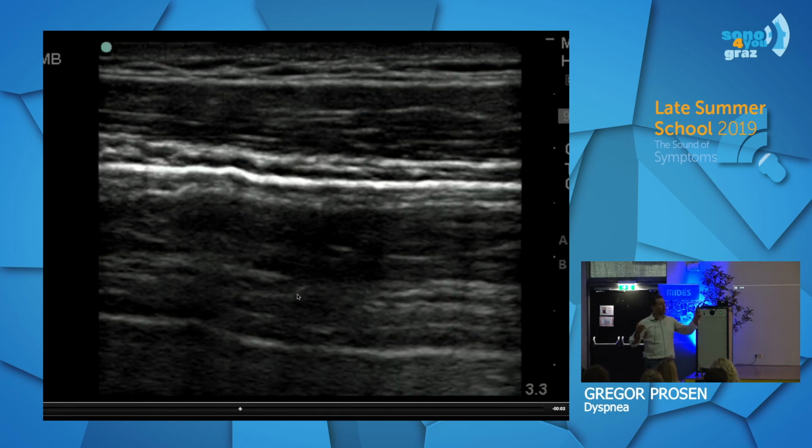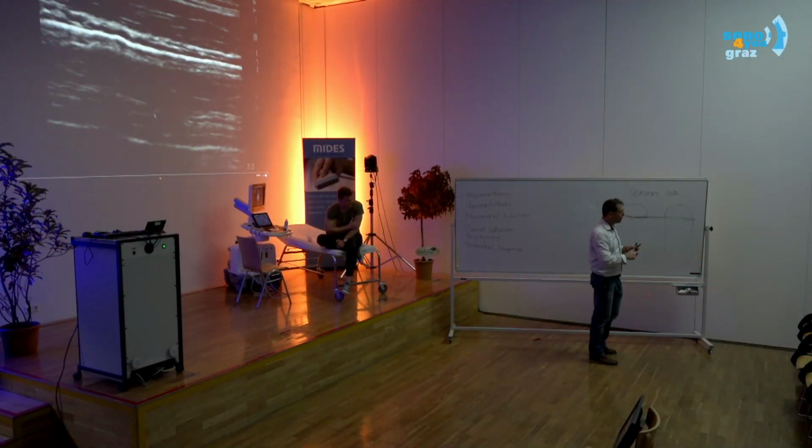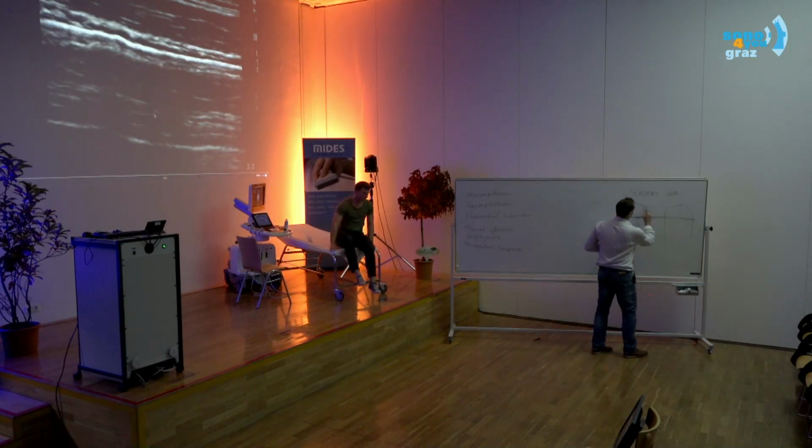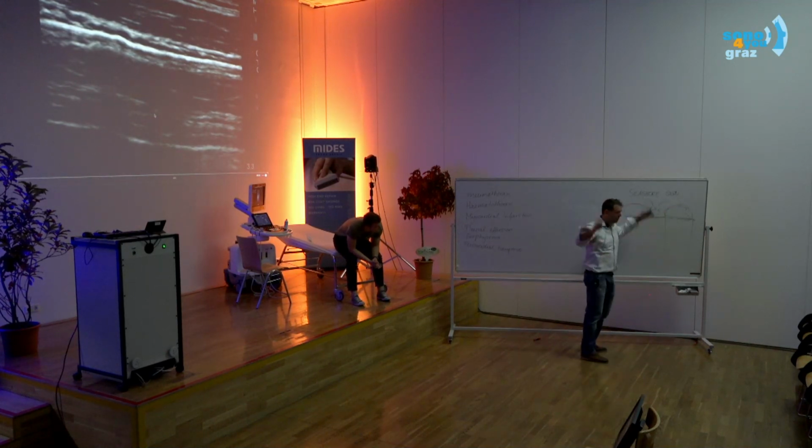That's why you always have to start with the classical view, called by Dr. Lichtenstein the bat sign. Did you hear about the bat sign? No? Okay. This colorful gentleman thought that here was living a bat with his wings, okay? And just below is the pleural line.